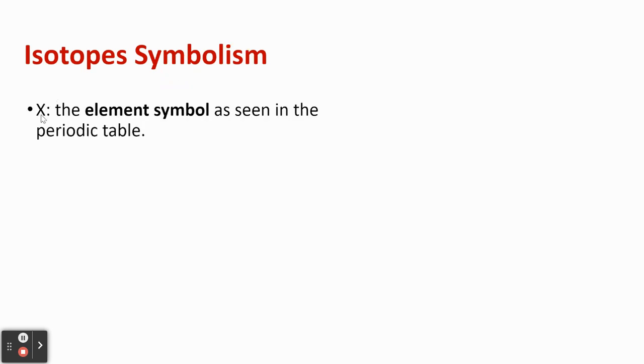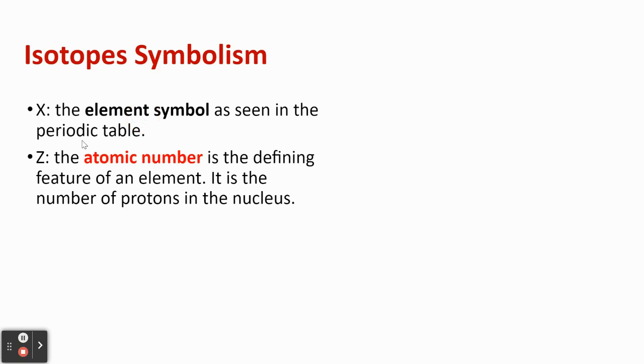So we want to talk about what's called the isotopes symbolism. We're going to use an X to stand for our element's symbol, Z to stand for the atomic number, and the atomic number defines the element, and it's equal to the number of protons that are found in the nucleus of that atom.